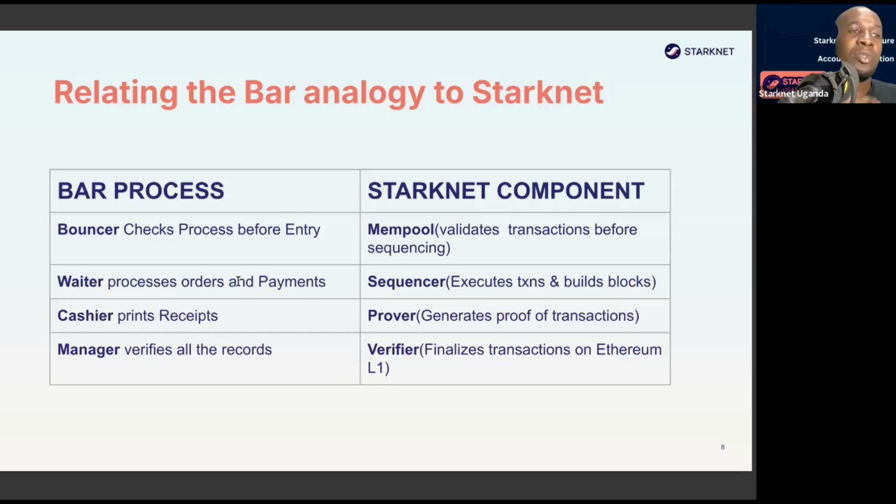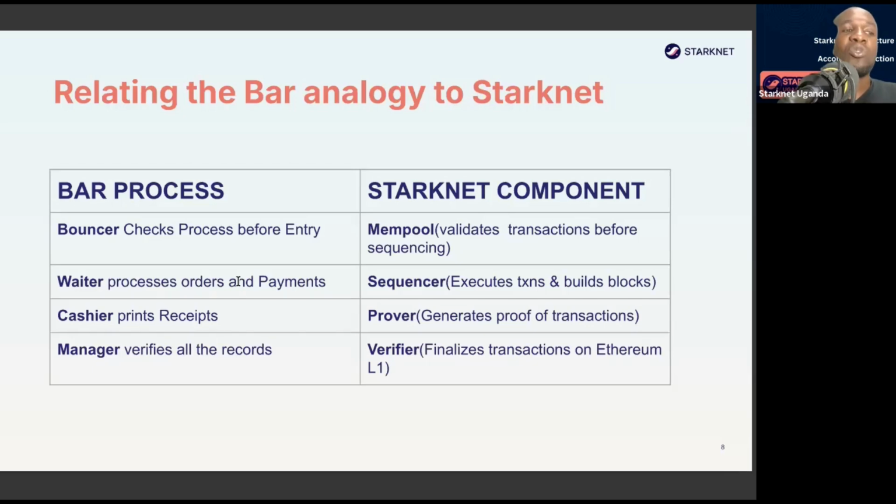We have blocks which are coming from the mempool, and then they're being ordered, just like in the bar analogy. For example, if a person reached the restaurant at 4 p.m. and you reached at 7 p.m., definitely the person who reached early at 4 p.m. will be processed first before the person who reached at 7 p.m. or 8 p.m. That's the same thing that happens in the sequencer.